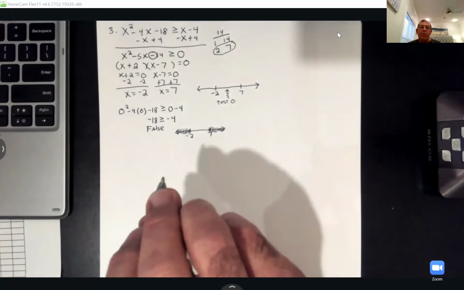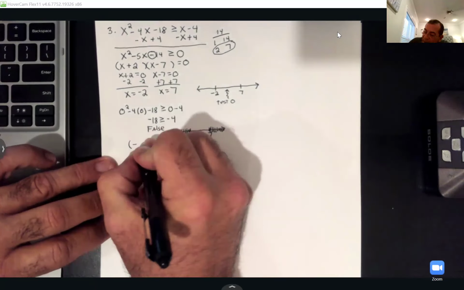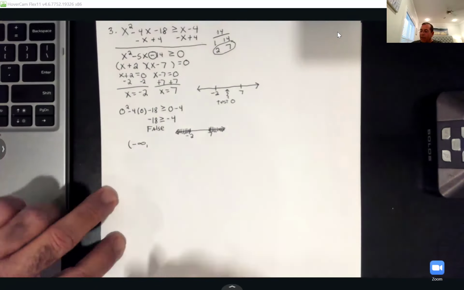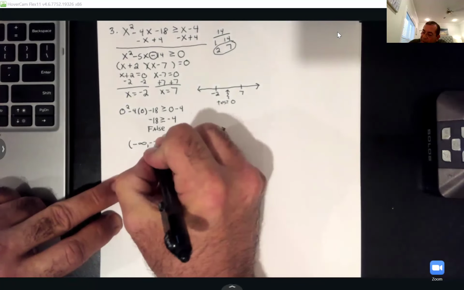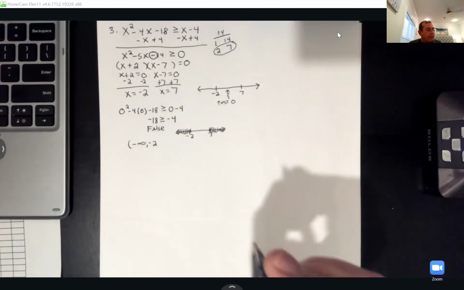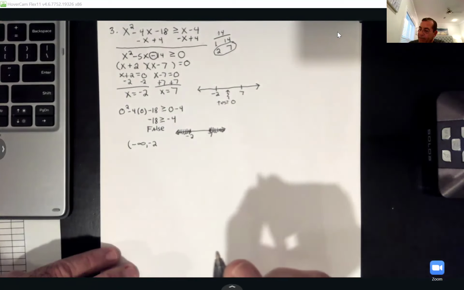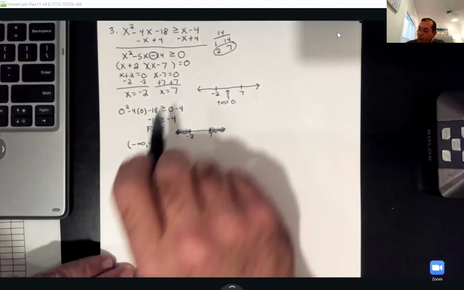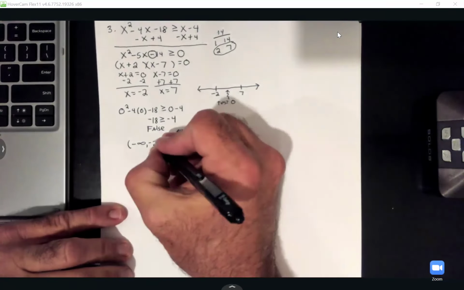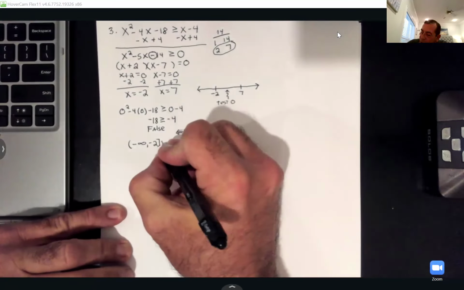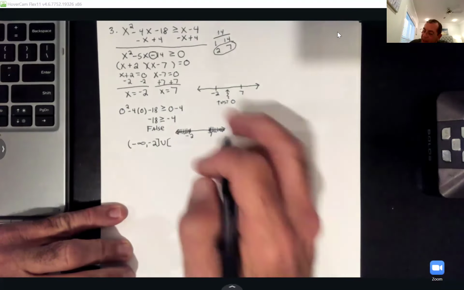Which means this one's going to start at negative infinity, over here, until we get to that negative 2. All right, y'all, parentheses or brackets? Let's see, what do we have? Oh, this time we had greater than or equal to. Brackets. All right, and then we'll union that from 7 to positive infinity.